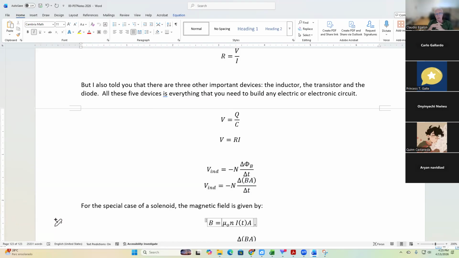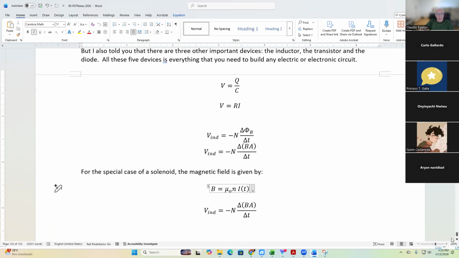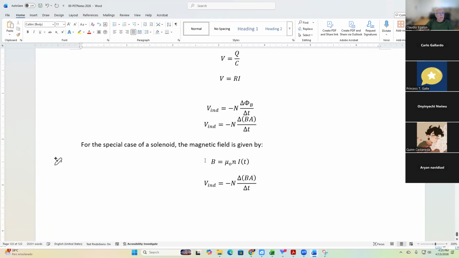Whatever we do here also applies to the other devices. The magnetic field is going to be mu naught and the current. When we substitute that in this equation, we get something like that.